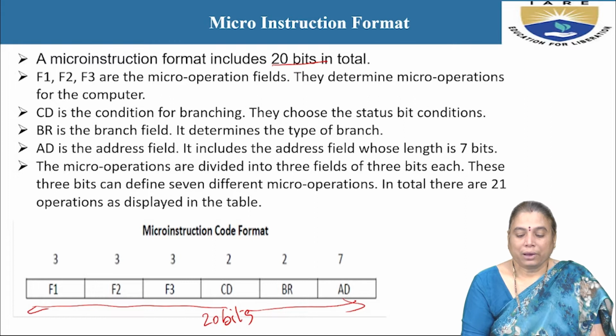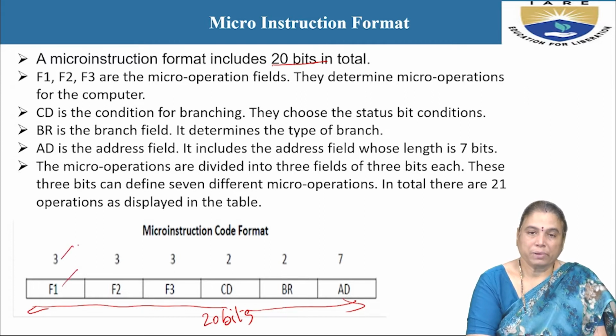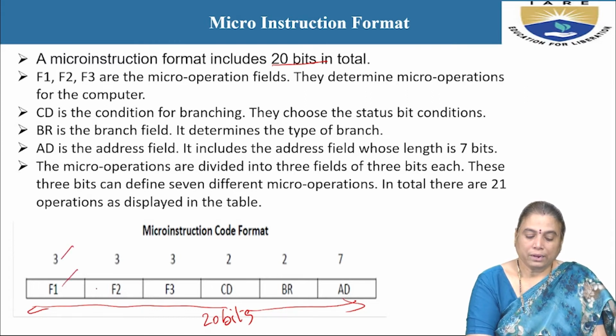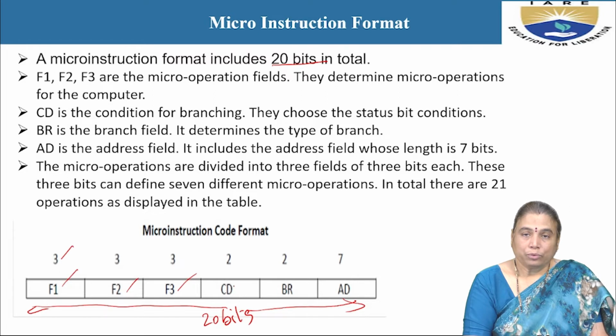Three micro operation fields are there, F1, F2, F3, and each field is 3 bits in length. These are used to specify the micro operation, that is, what operation has to be performed. Next is 2 bits that is specified with the CD.